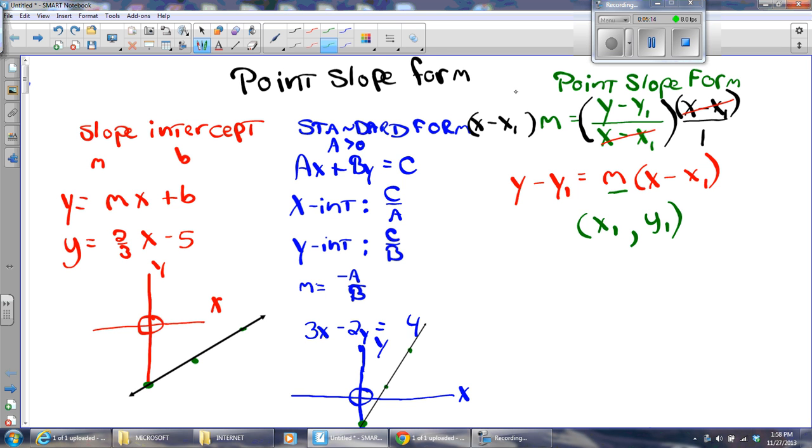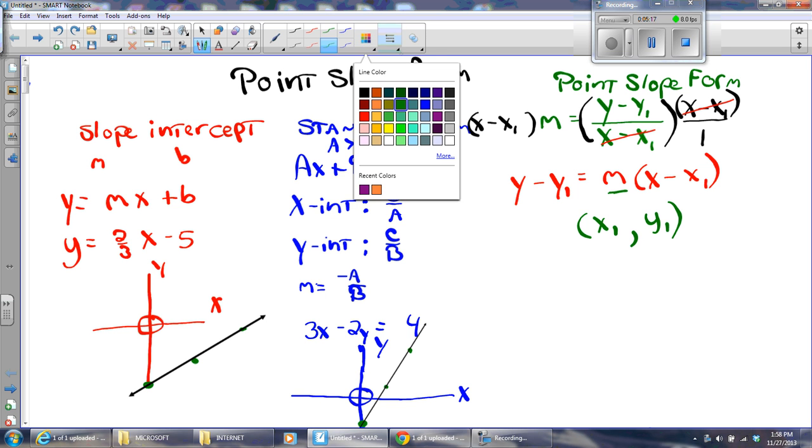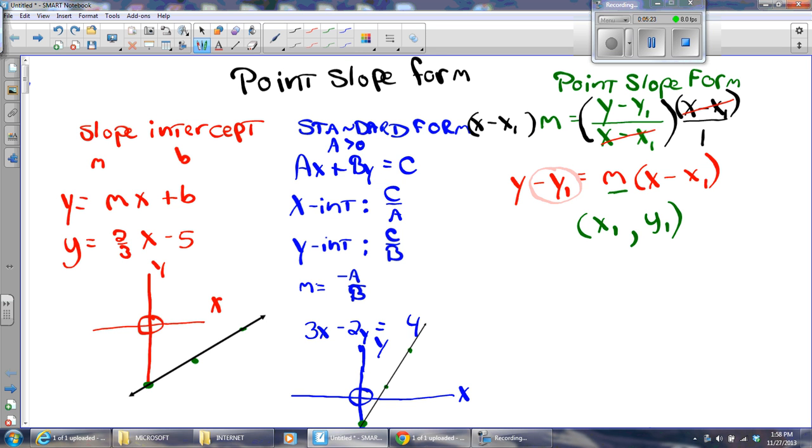And notice that the signs changed. Yeah, check this out here. The signs changed. This one is the negative of y sub 1, right? And this one here is the negative of x sub 1.